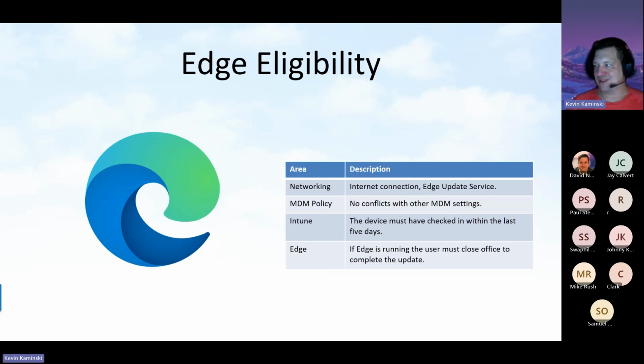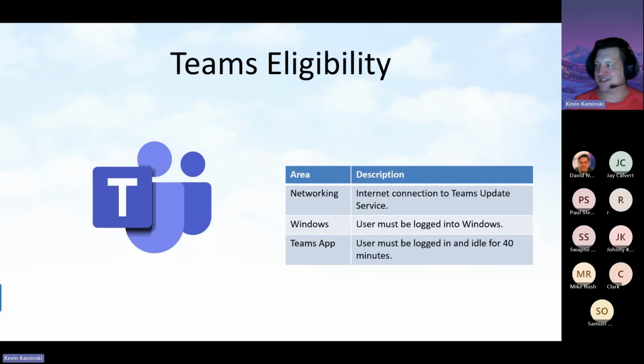Just make sure that you're always using the Autopatch settings for updates. The user will have to close Edge to patch it and reopen it. Office is the same way as well. Teams is the same way as well.